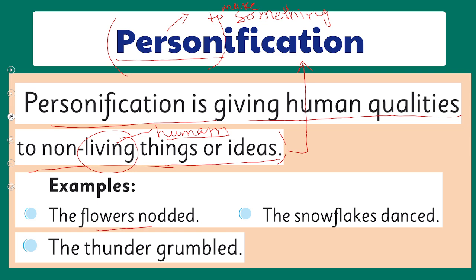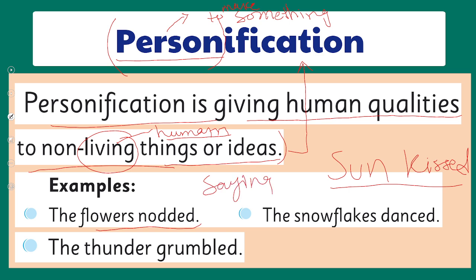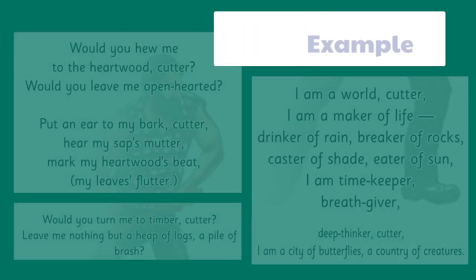Like "the flowers nodded" or "the sun kissed", which means we personify the sun, or "the air said to me, you are a good man." Saying is a human attribute, so we are personifying the air. Giving any non-human thing a human attribute is considered personification, and we will see different examples of personification.